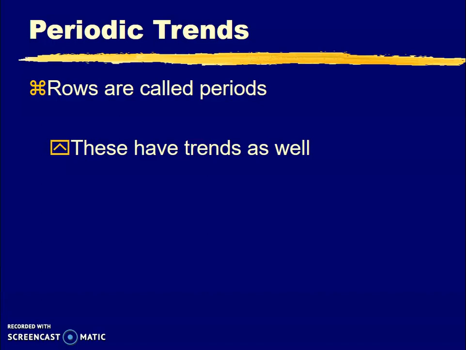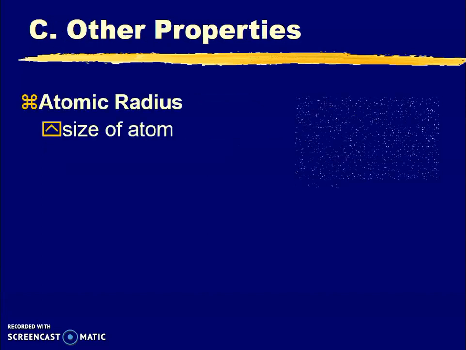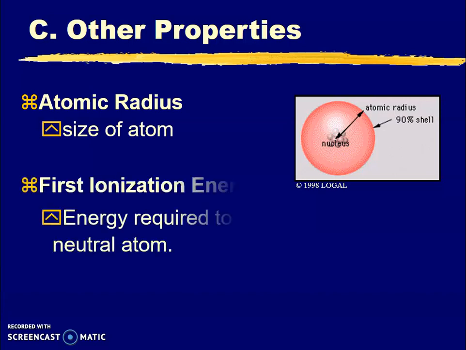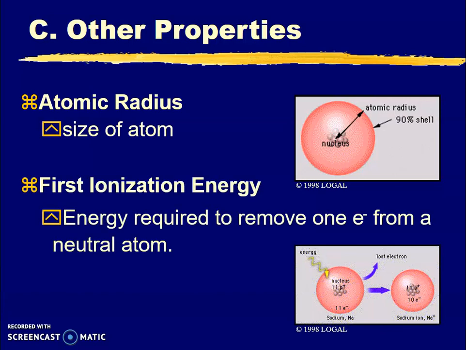The rows from left to right are called periods, and these also have trends that we see. One of the trends is atomic radius. This is the overall size of the atom. Radius, just like the radius of a circle or of a sphere, is from the center to the outer edge. We see a pattern with this. We also see a pattern with first ionization energy.